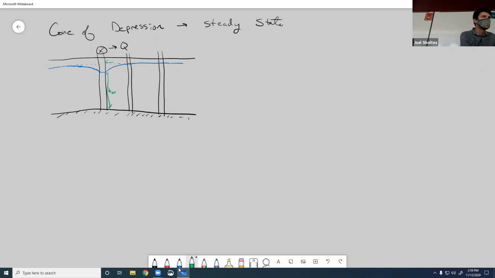Okay, and then we're going to define this as some distance r. Sorry, let me do this. The distances are going to be between the center line of the wells. So the center line of this well and the center line of this well. The well diameter, or the well radius, can actually make a difference. So in this case, this is the radius of the well.